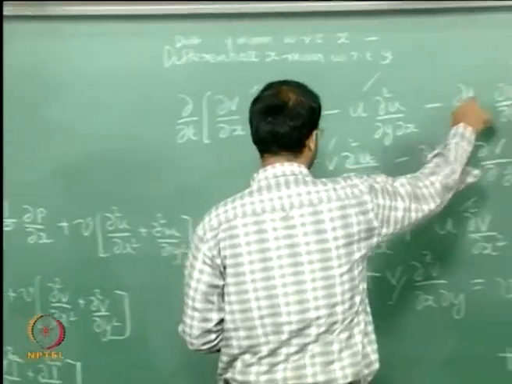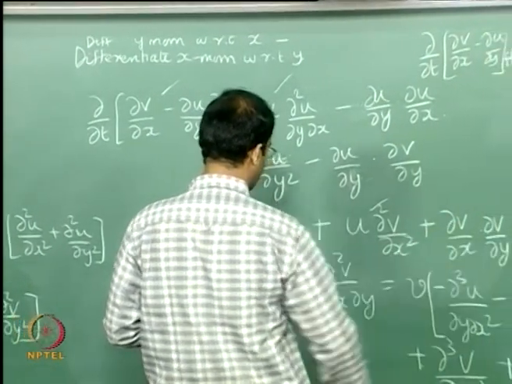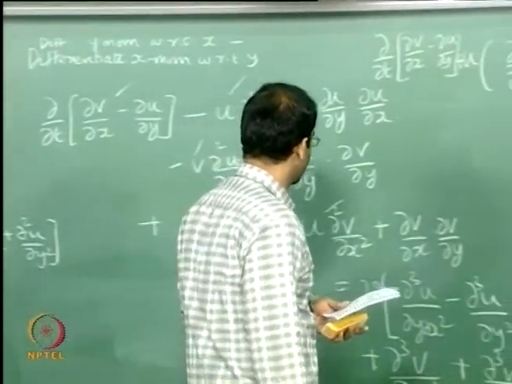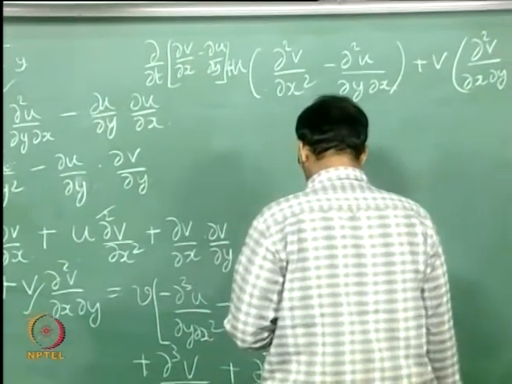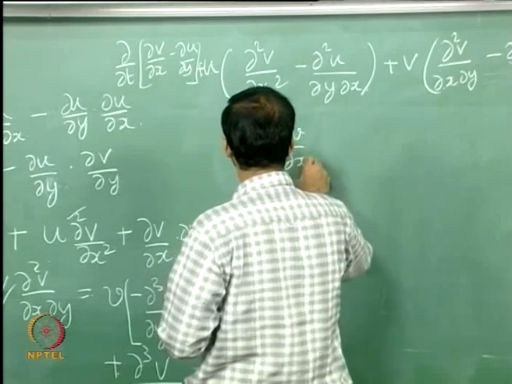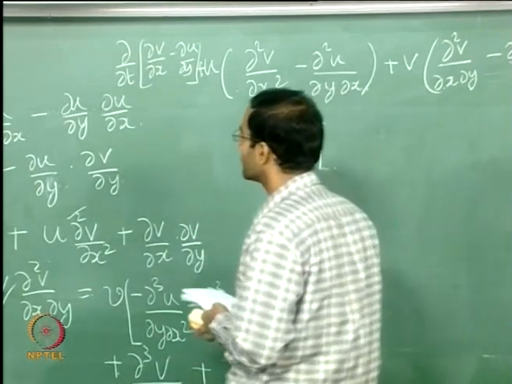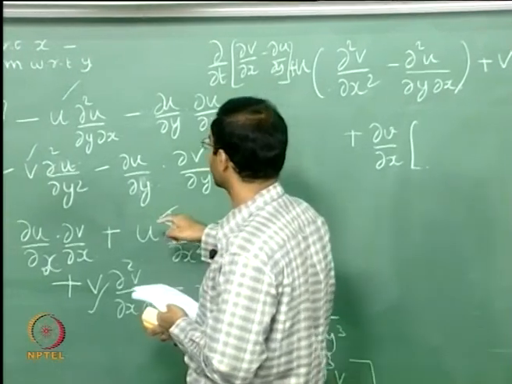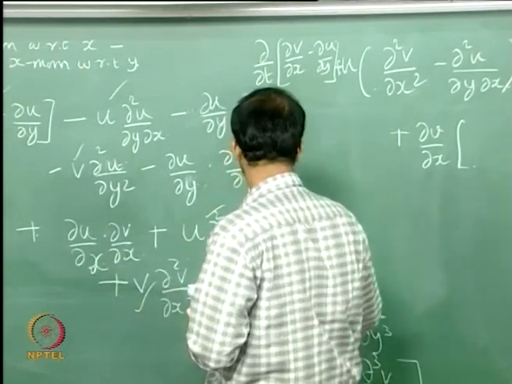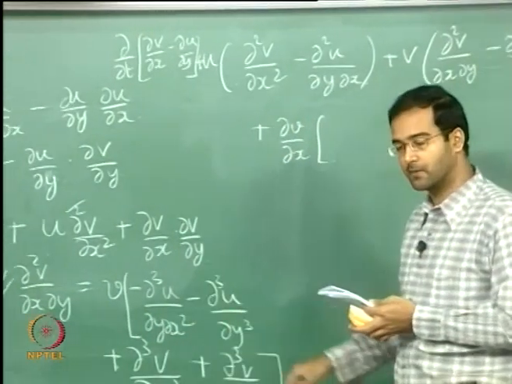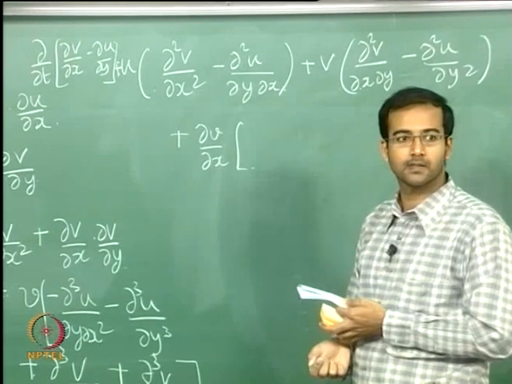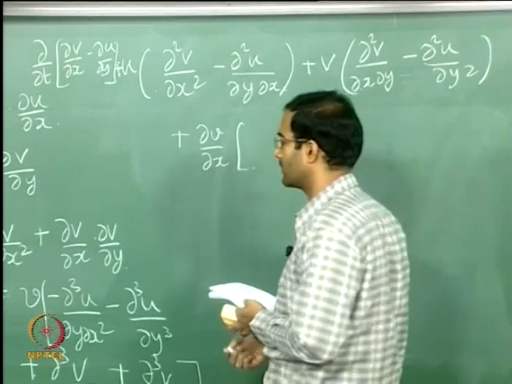Now we have 1, 2, 3, 4 terms which are still on the left hand side that have to be grouped together. So what I am going to do is take dv by dx common, okay. So if I take dv by dx, so that means this common, so du by dx plus dv by dy, which is nothing but 2-dimensional continuity, which is automatically satisfied, okay.